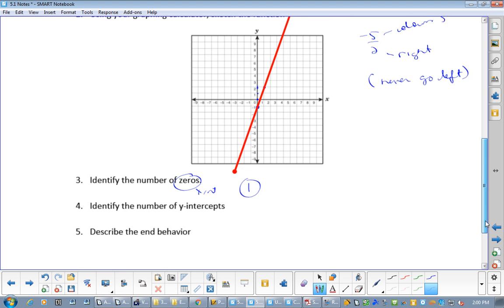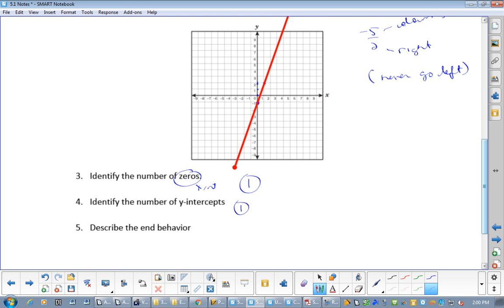How many y-ints? Okay, now the end behavior. So where does it start? Which quadrant? Third quadrant and goes to the first. So 3, 2, 1. See, it's just getting the language back, right? That's all we're doing, trying to get all the language back.